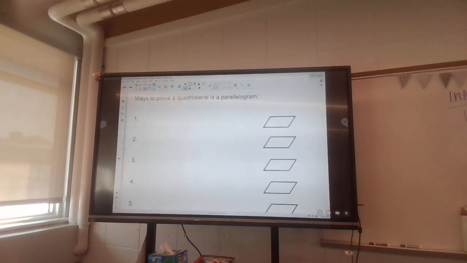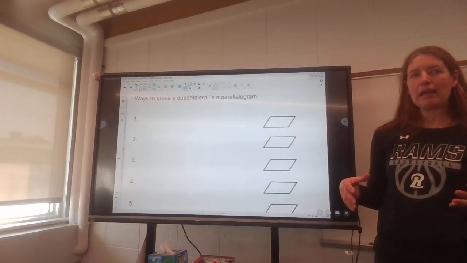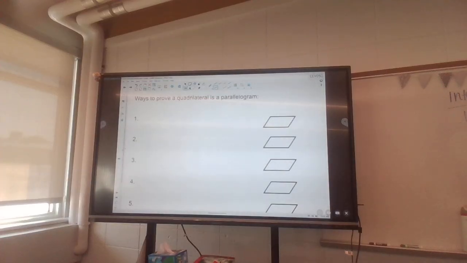Okay, so basically what we're doing today is the opposite of yesterday. Yesterday we said, here's a parallelogram, here are all of its properties. Now we're trying to do the opposite. Now we're trying to say, I don't know if it's a parallelogram, how can I tell? We're going to write down some rules that are enough information to know for sure that something is a parallelogram.